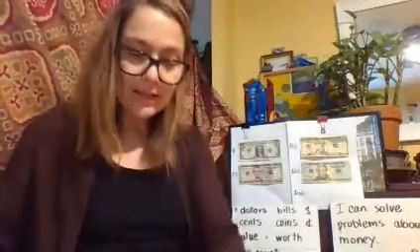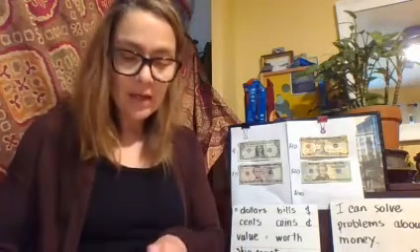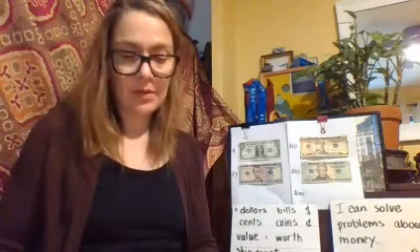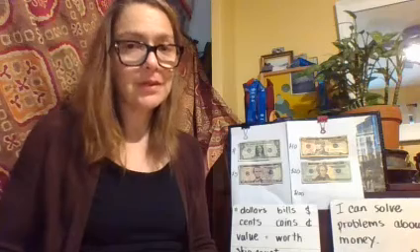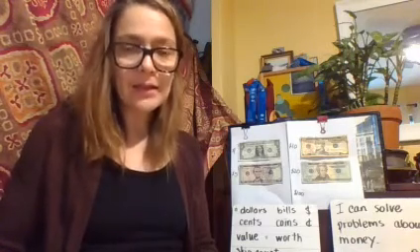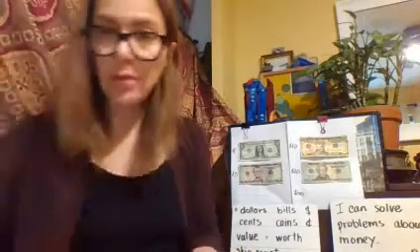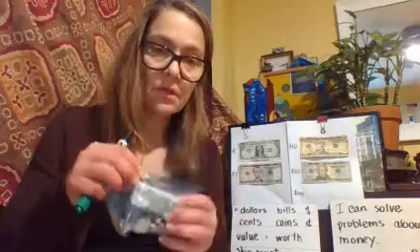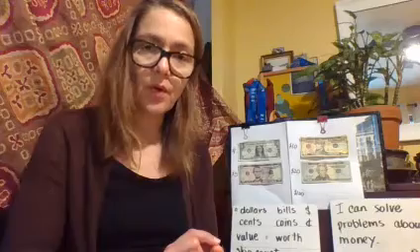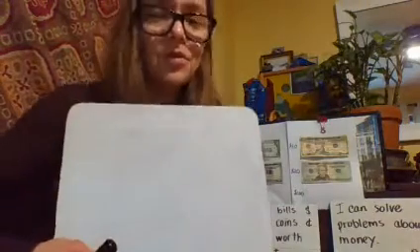All right, so it says Billy, Sarah, and Maria have the same amount of money. Billy has $1. Sarah has only dimes. Maria has only nickels. So I want you to go ahead and draw that out, or use your bills and your bank to show it on your whiteboard.